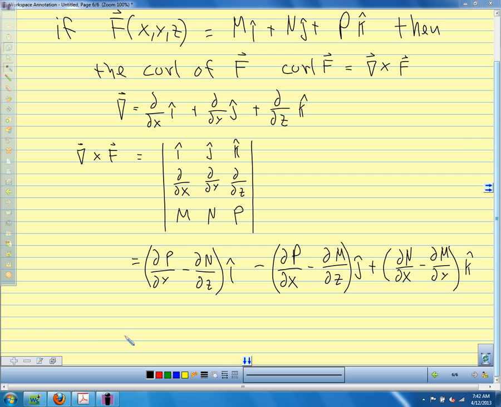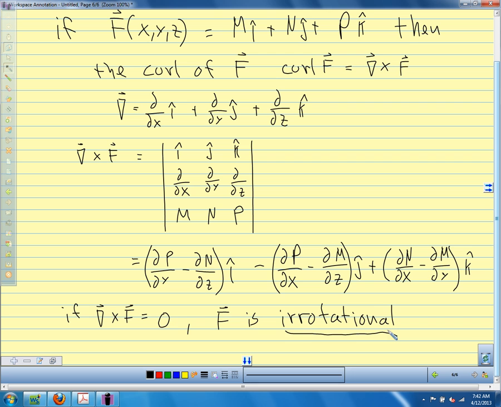We say that if the curl is 0, our field is irrotational. And a vector field with a curl of 0 has... What does that mean?